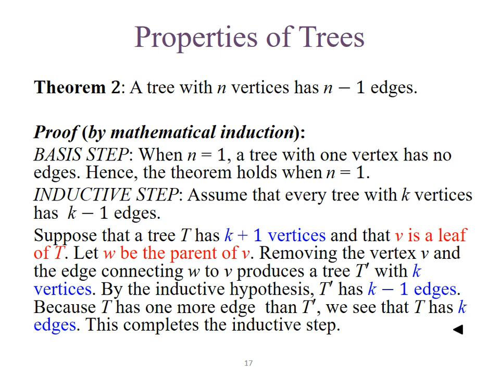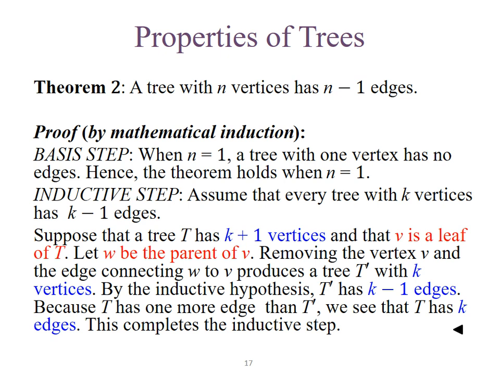If this is a tree with k plus 1 vertices, how do we apply the inductive hypothesis? We need to apply this fact. You can see we remove 1 edge and this vertex to make this tree with k plus 1 vertices back to k. In this case, if we have k vertices, then by our inductive hypothesis, we have k minus 1 edges.